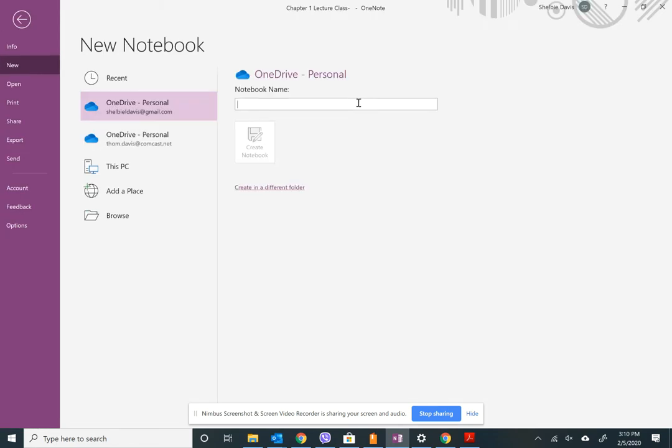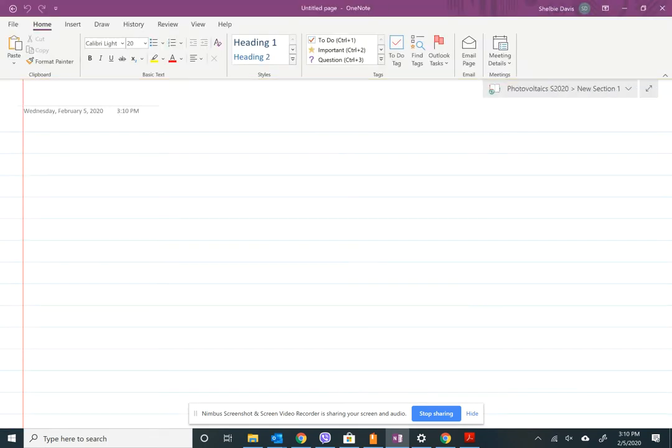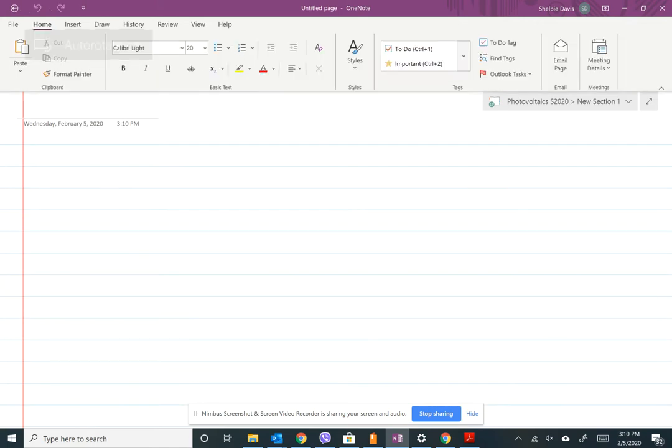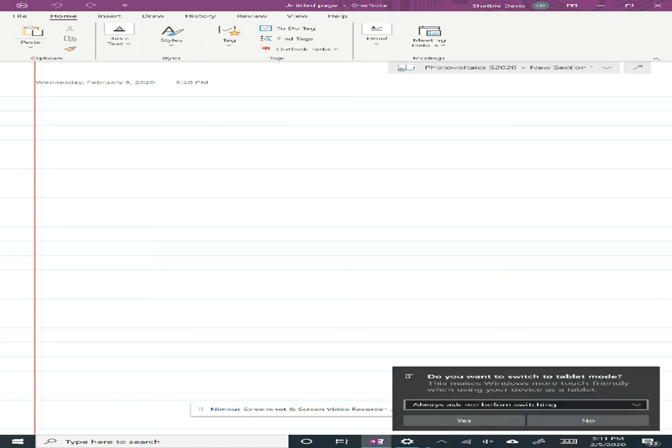I have a notebook here for us. I know I disconnected it when I was moving it around.